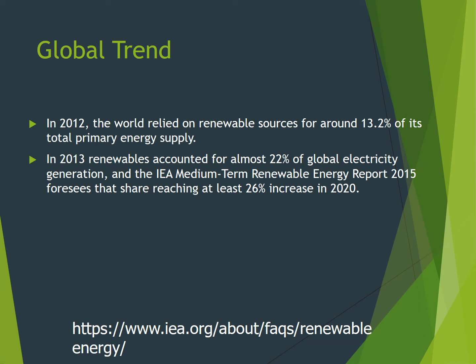Okay, and there's a report by the International Energy Agency saying in 2015 that the share should reach at least 26% in 2020. So that's a good sign. As such, we architects must be aware of this shift, and where we can specify the use of renewable energy in our buildings.